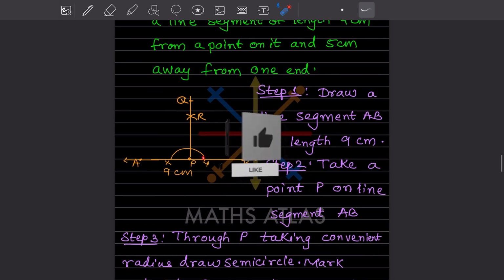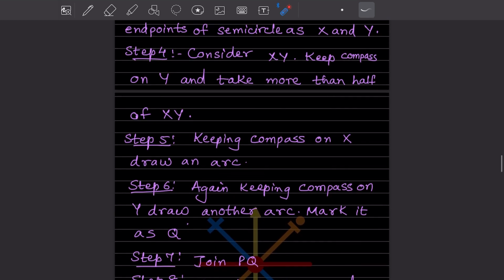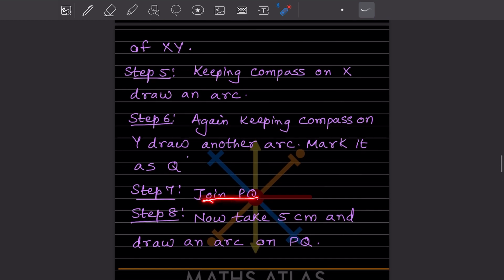Then from the same distance, keeping compass on Y, draw another arc. This is the point of intersection. Mark it as Q and then join PQ.